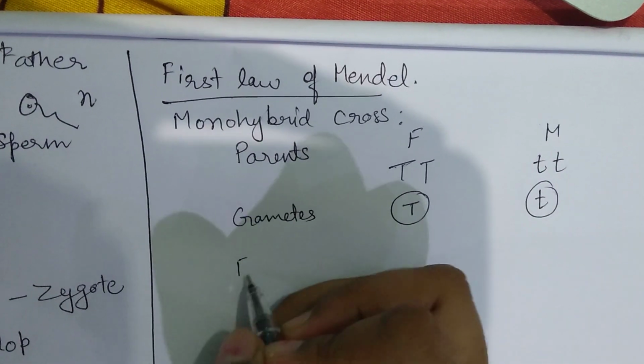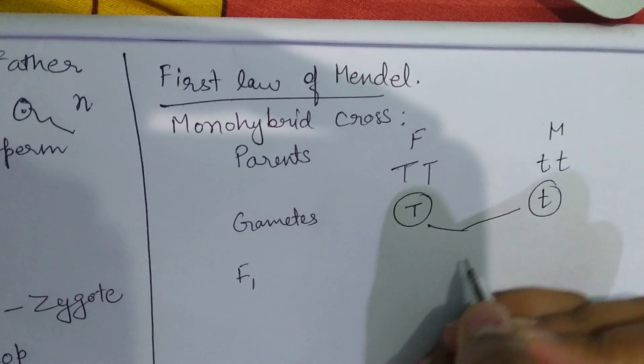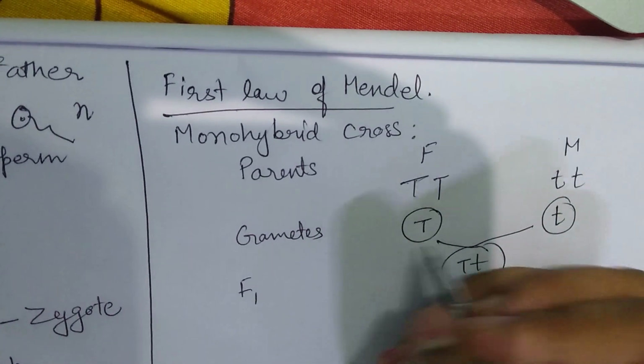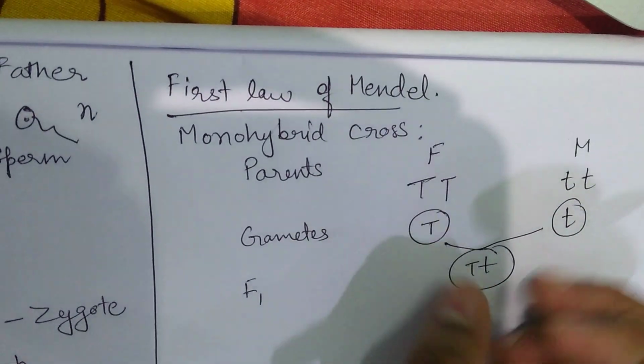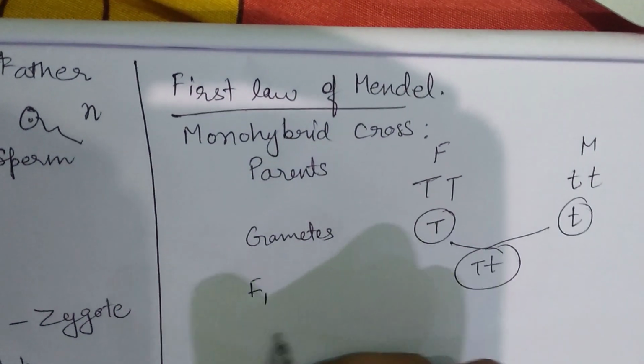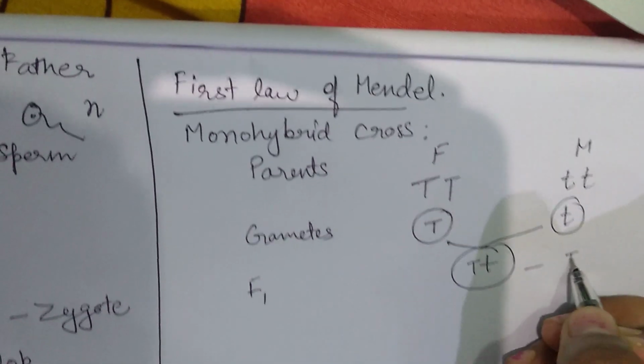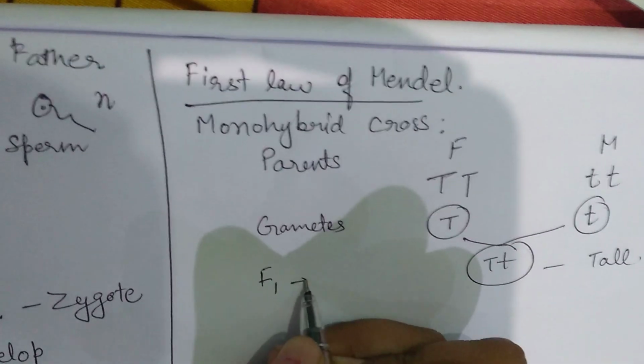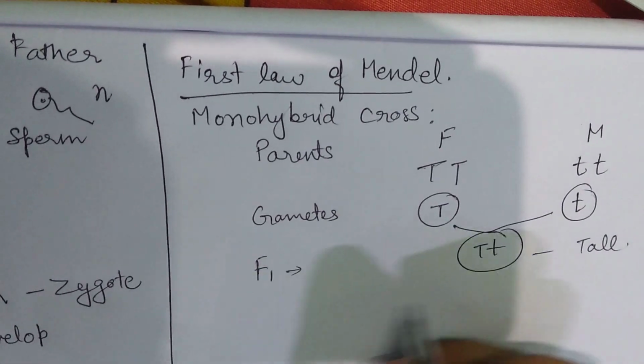Then when the F1 generation is formed, it will have both chromosomes coming from the gametes. This will result in a tall individual, and this generation is known as the F1 generation.